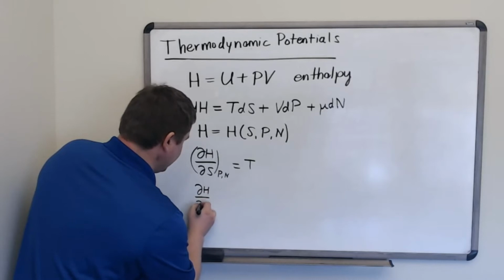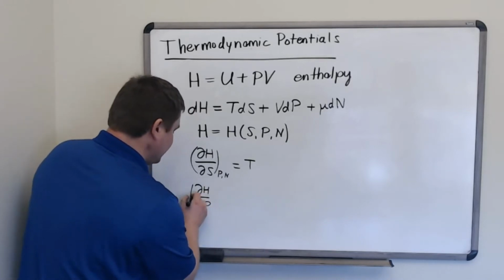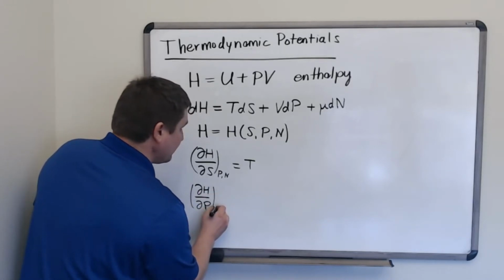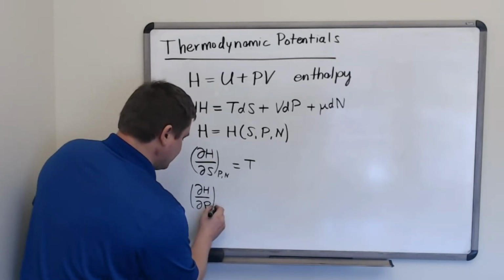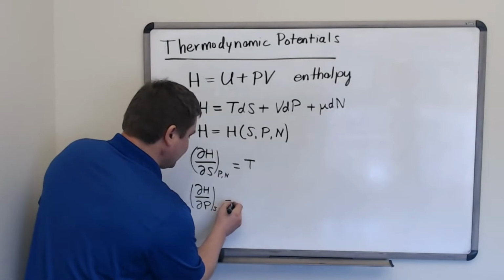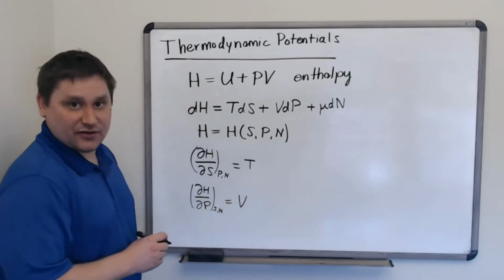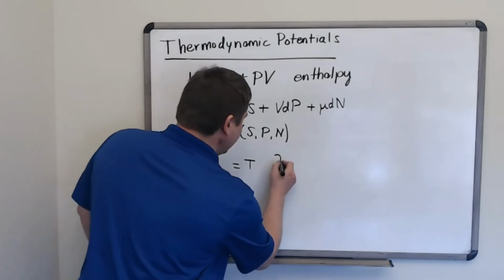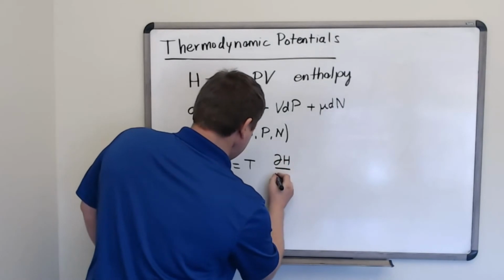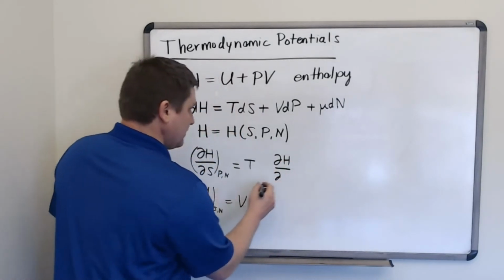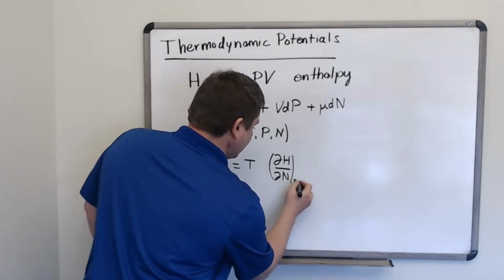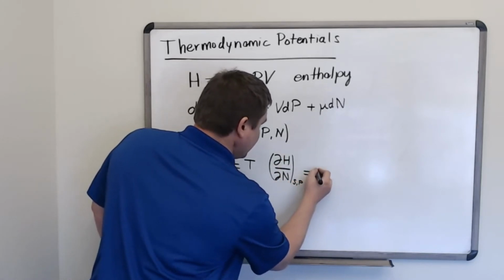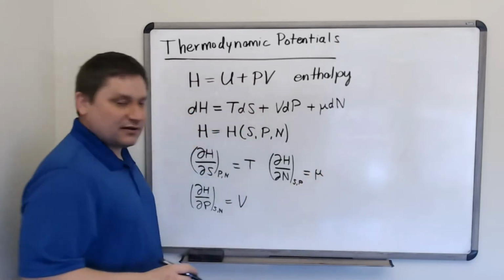dH dP, while holding entropy and particle number constant, gives us the volume. And dH dN, while holding entropy and pressure constant, gives us the chemical potential.